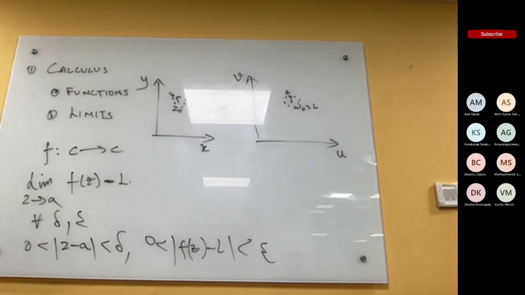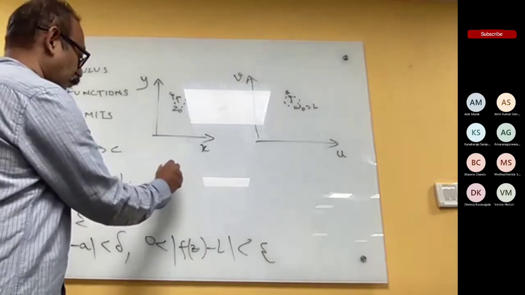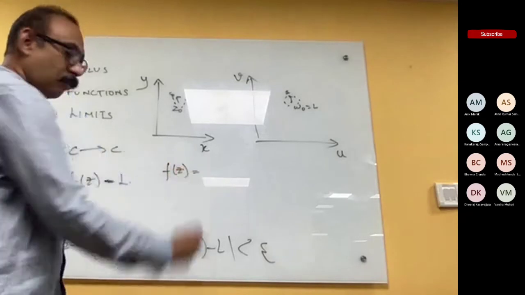Okay. So let us talk about derivative. Before we go into derivative, let us talk about another concept which is useful. If you talk about f of z, what is it?